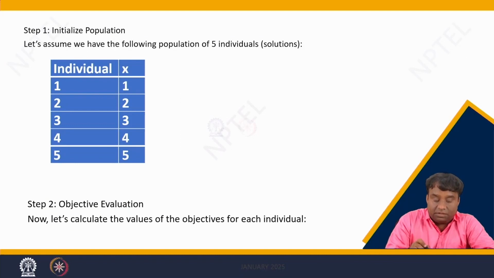So initialize the population. We consider the following 5 individuals: individual 1 has x equal to 1, individual 2 has x equal to 2, individual 3 has x equal to 3, individual 4 has x equal to 4, and individual 5 has x equal to 5. Objective evaluation: now we calculate the objectives for each individual.